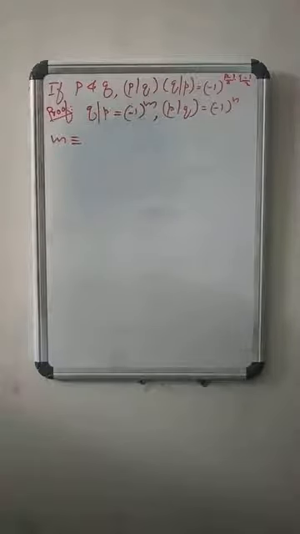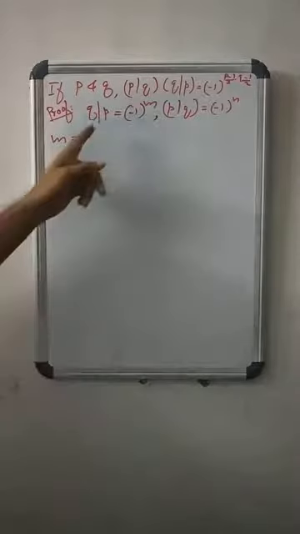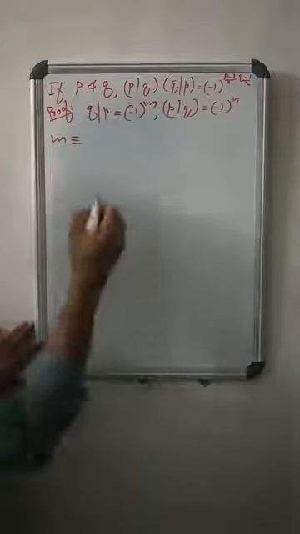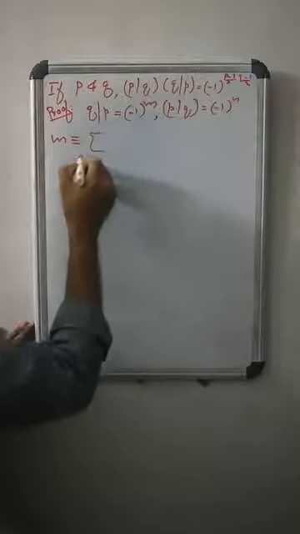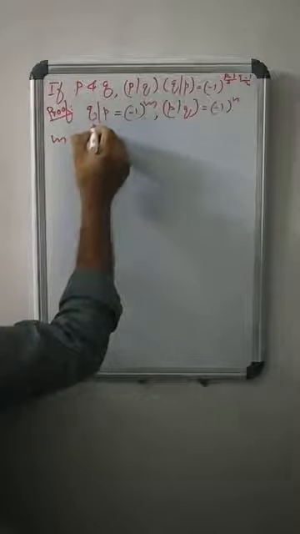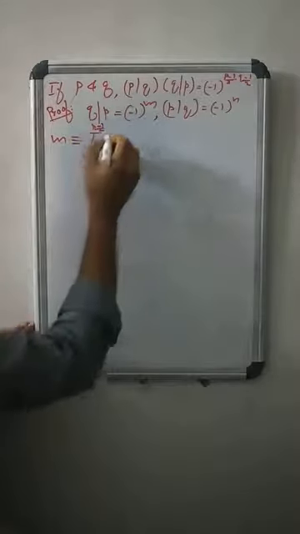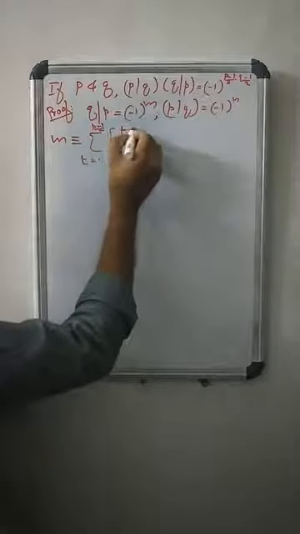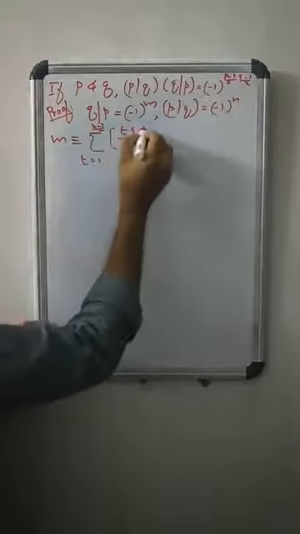Then m is congruent to the sum over t from 1 to (p minus 1)/2 of the integer part of tn/p, mod 2. Agree? According to that argument, (q/p) is minus 1 to the power m by Gauss lemma, where m is congruent to the sum over t from 1 to (p minus 1)/2 of the integer part of tq/p, mod 2.